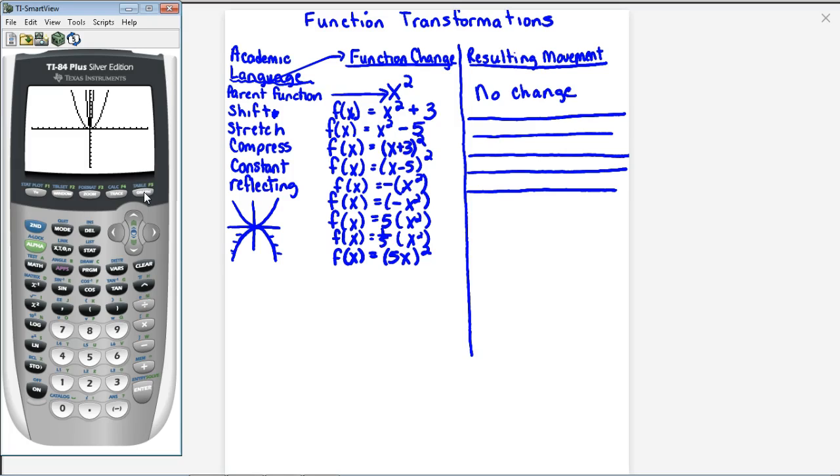So to make it fatter, if we do it on the inside to make it fatter, we should probably just move that 1/5 to the inside. So let's see if that works. Parenthesis 1/5 x parenthesis squared. Okay, what is going to happen? And you already know, even though the number is smaller, it's going to make it fatter. So 0.2 x parenthesis squared.